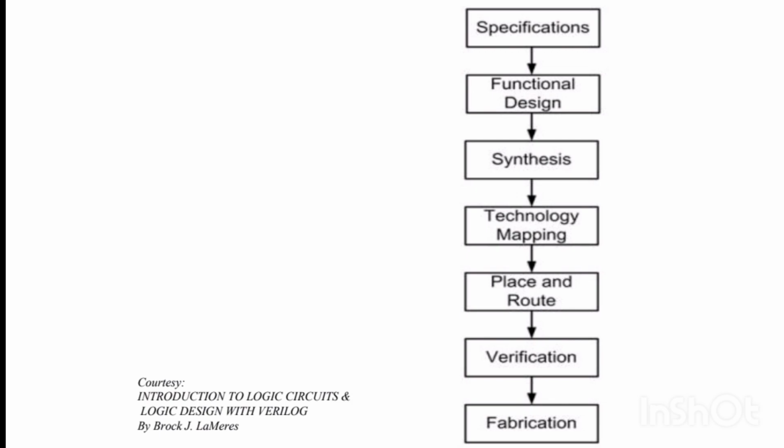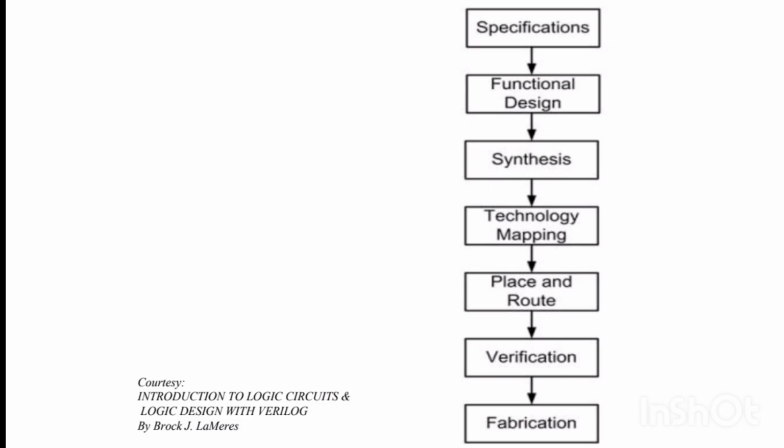The fifth step, that is place and route, is about arranging the components to minimize the area needed on a particular board or chip, and wire all connections to minimize the interconnect length and crossings. So the next step is verification, and verification here refers to the estimation of whether the final design meets the timing and power consumption requirements of the original specifications.